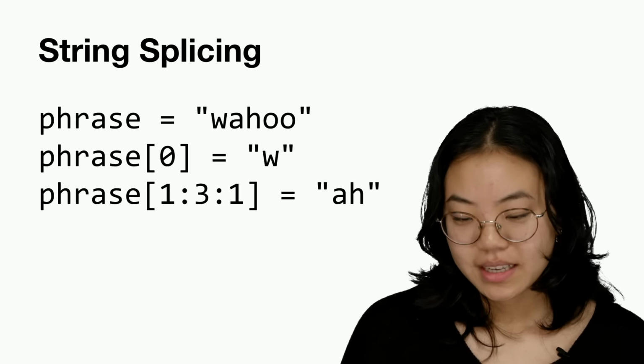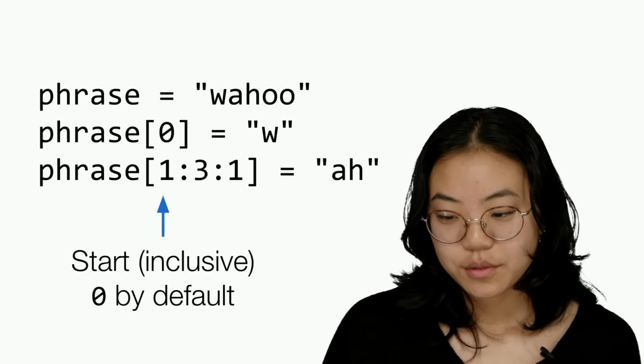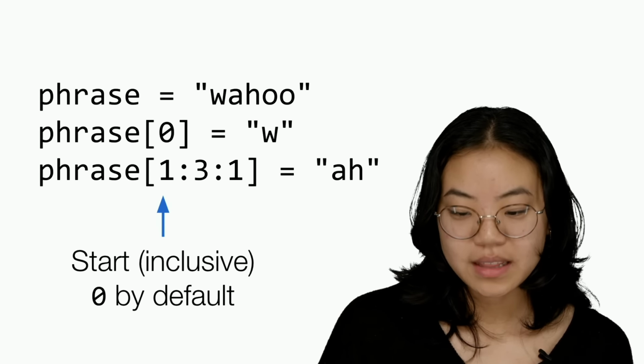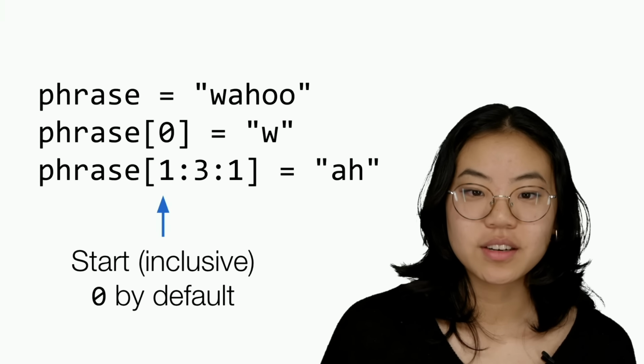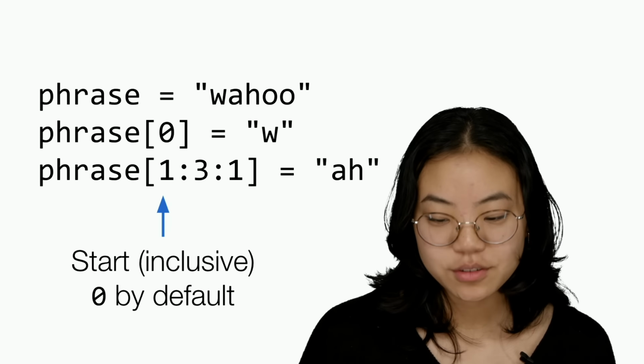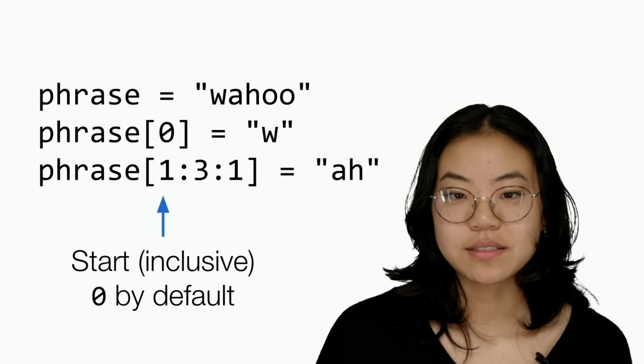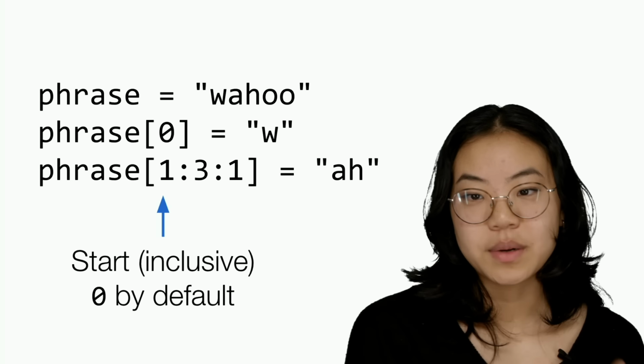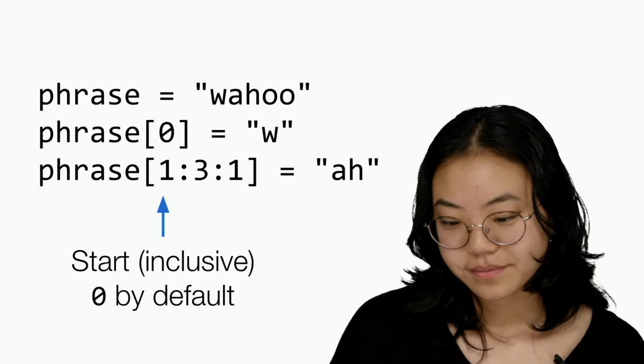In this example, the first parameter indicates the start, inclusive, and it's 0 by default. So if you don't specify the first parameter, then it will start at the very beginning of the string.